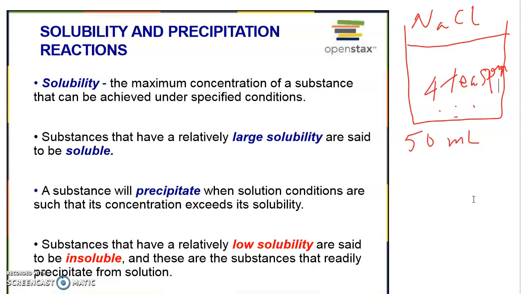When you have sugar, and when you dissolve sugar in water, yes, it is dissolving. Sugar is still sugar. It doesn't form any ion. But when you have a solid sodium chloride, when you dissolve that in water, you're going to form cations and anions. When an ionic compound dissolves in water and forms cations and anions, that is called dissociation.